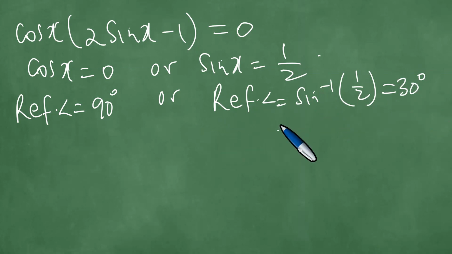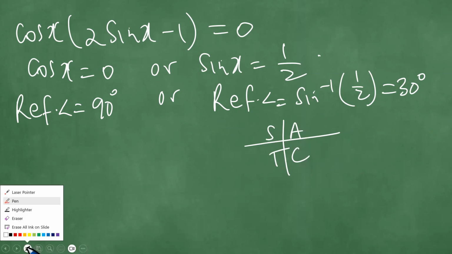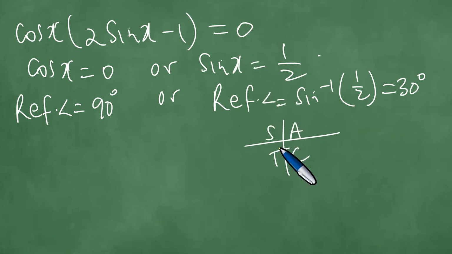If you look at this diagram and the CAST rule, you're able to see that the sine is 1/2 in two places.